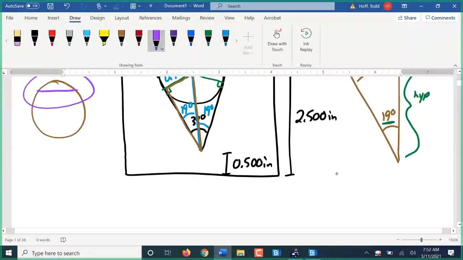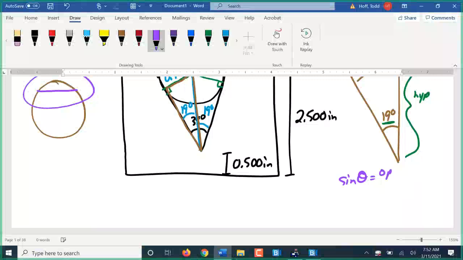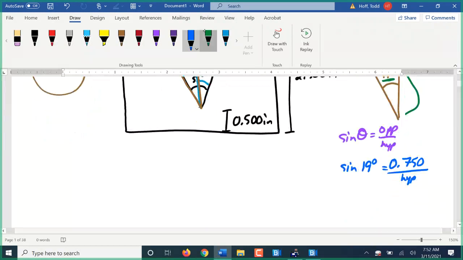That is a sine. Sine theta is opposite over hypotenuse. So I have that the angle is 19 degrees. Our opposite side is 0.75. Our hypotenuse is one of the dimensions we're looking for here.